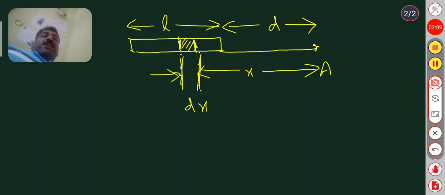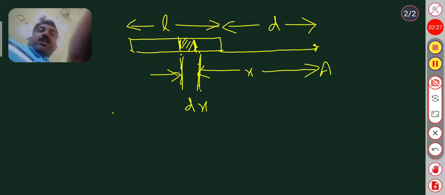Now I want to find the potential due to this rod at point A. Let this small segment have a charge dq.